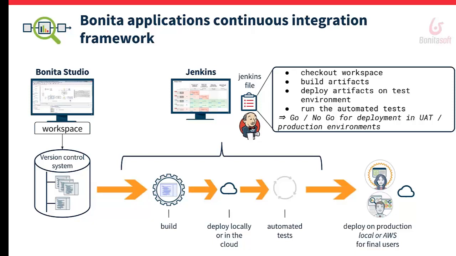So this test environment in the version we'll release in June will be created by the BCD module. So will be created, for example, as we did today on AWS.